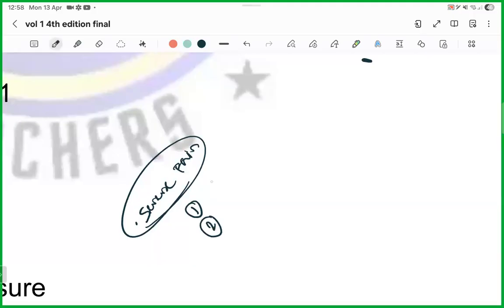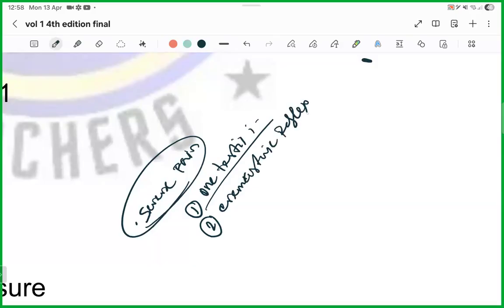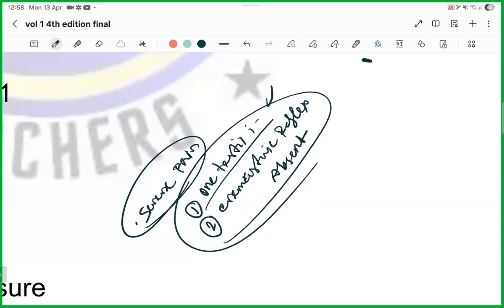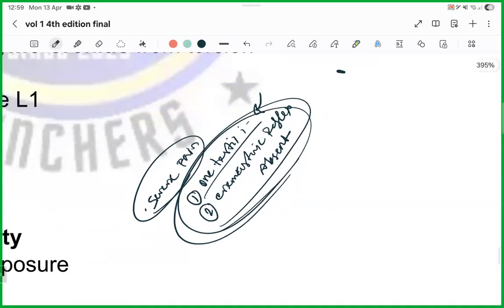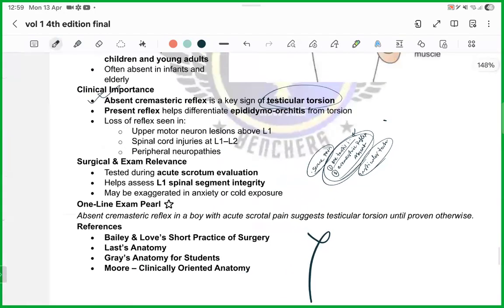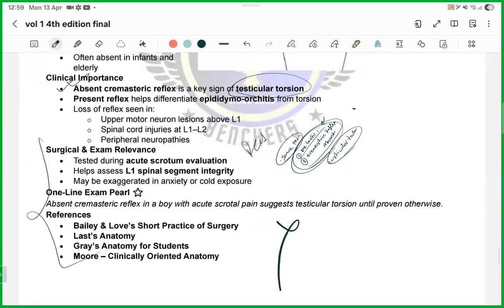Number one, one testis is higher, and number two, cremasteric reflex absent. Anytime they tell you these two things, this is testicular torsion. So that's why it's important. Give a reading to others.